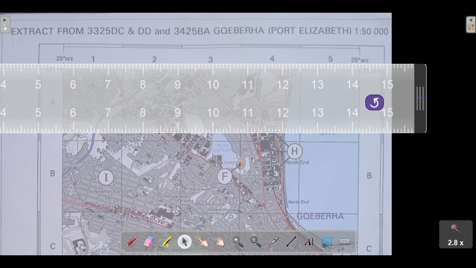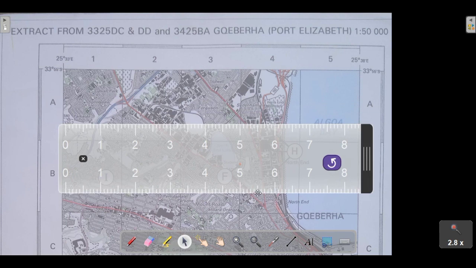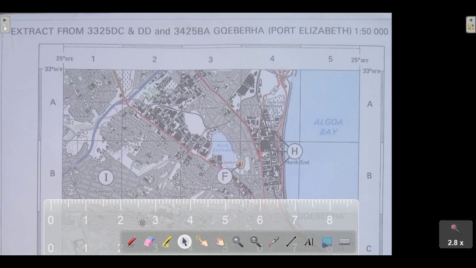Then close this up. Okay, right, so guys, if you were with me in the previous videos, you should be able to get coordinates.